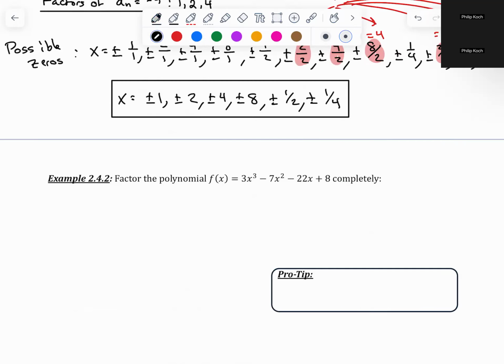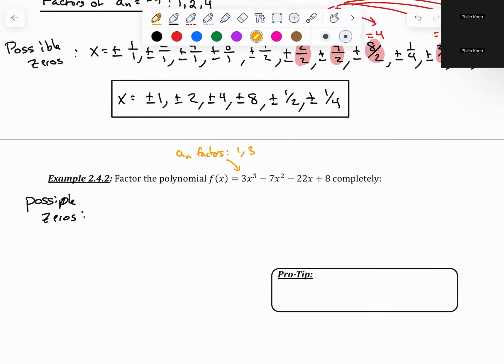Okay, so how did I want to write this one? Yeah. The possible zeros. So the factors of a sub n. 1 and 3. Nice. Only 1 and 3. We don't have 3 factors.